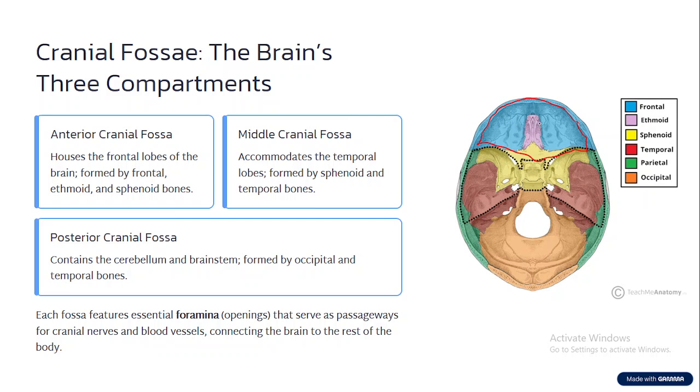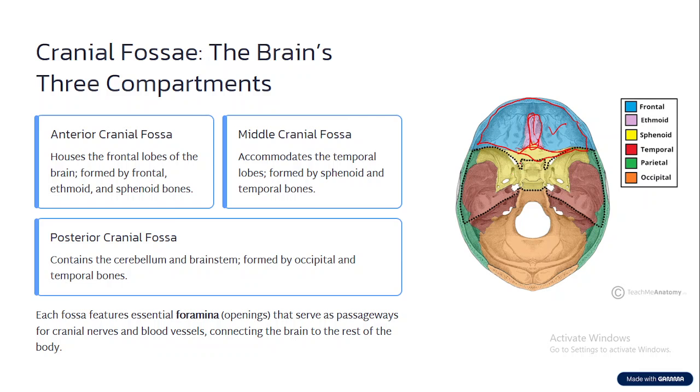It is formed by the frontal bone, this blue colored one, then the ethmoid bone, this middle portion, and a portion of the sphenoid bone. So these three bones together join to form the anterior cranial fossa. The frontal lobes of the brain are lodged within this anterior cranial fossa.